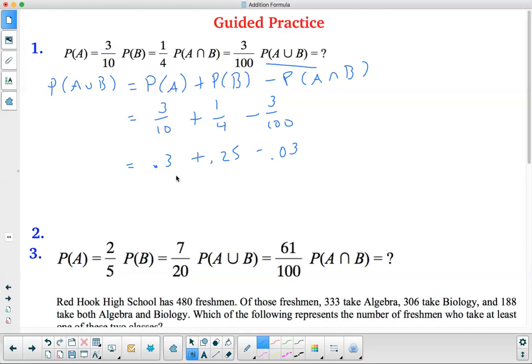So we just do 0.3 plus 0.25 minus 0.03, and the answer is 0.52, or 52%, or 52/100 if we had stuck with the fractions.